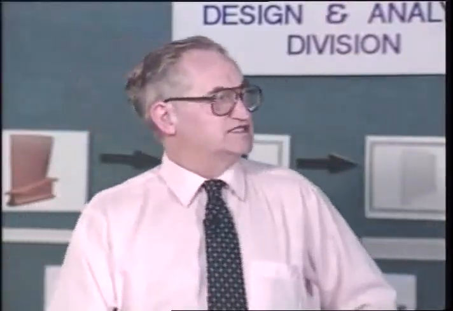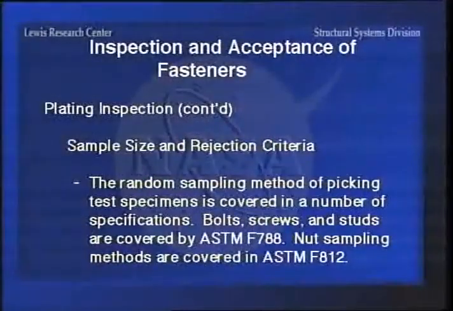Now, the sample size and rejection criteria, normally you pick a bunch of random samples out of a bin and test them. And the ASTM F788 has a table, which we'll show later, that gives you the number of samples that you should take for a given production lot.